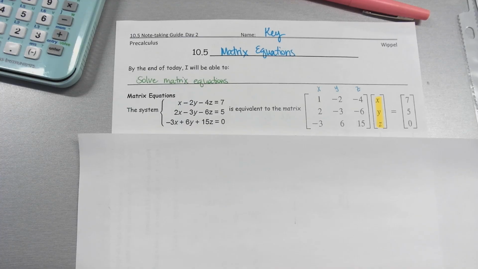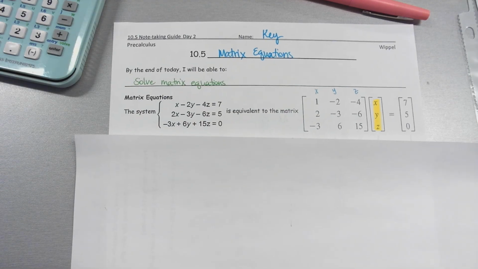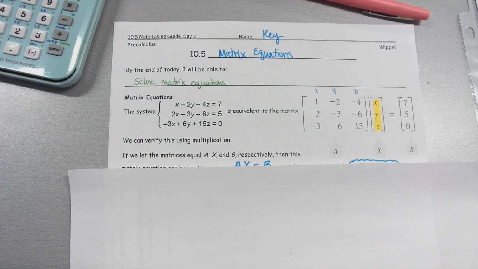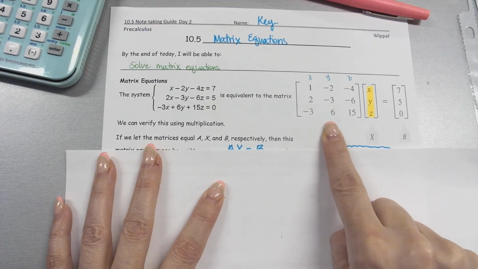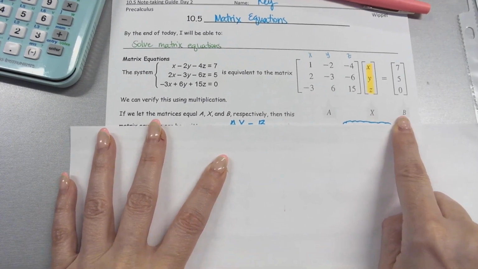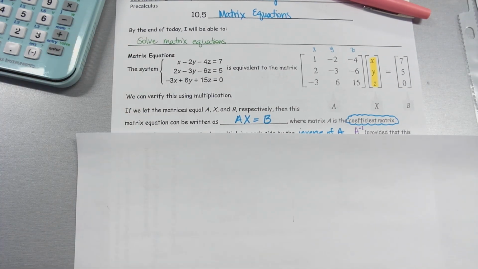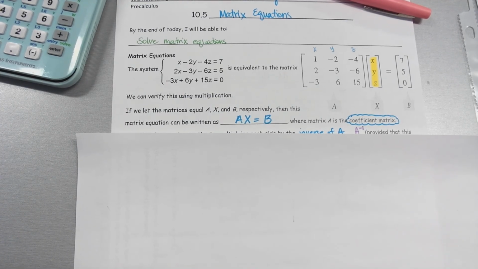Okay, so we can verify this using multiplication. And if we let our matrices equal A, X, and B, so the first one would be A, this one would be X, the last one would be B. Then our matrix equation can be written as A times X is equal to B, where A is called the coefficient matrix.